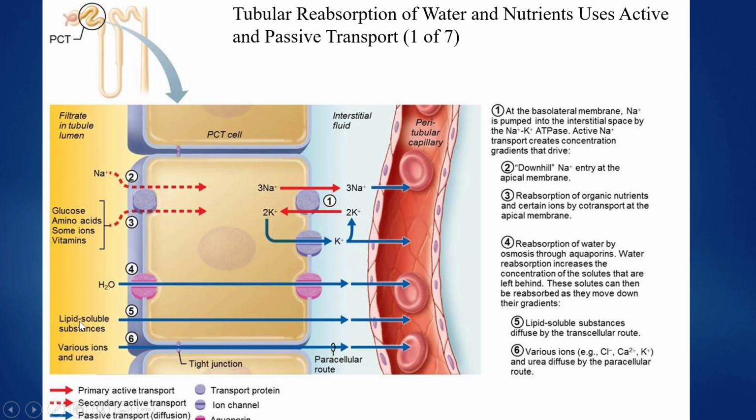Then you have your lipid soluble substances, which diffuse by the transcellular route and go straight into the interstitial fluid and then into the capillaries. Then finally, there are ions such as chloride, calcium, potassium, and urea. They all diffuse by the paracellular route, and that's in between two cells.